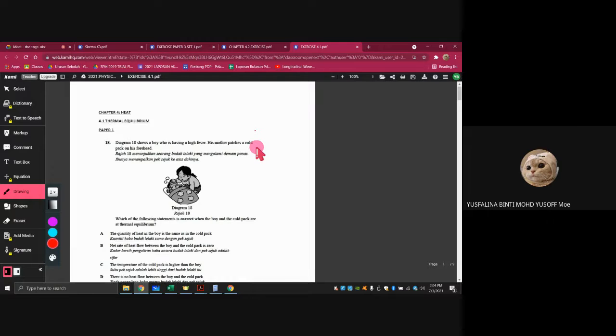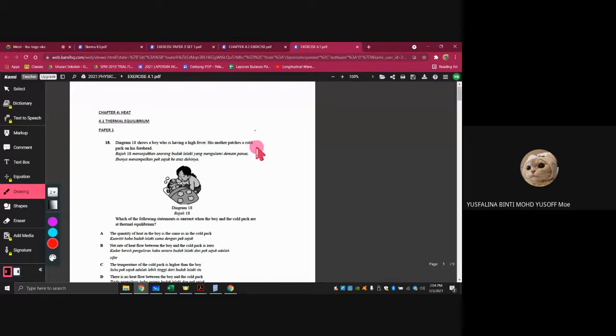Another part: what is the usage of thermal equilibrium? It is used in the thermometer. The thermometer uses the concept of thermal equilibrium. For example, if you put your thermometer under your tongue, the heat from your body will transfer to the thermometer, and inside the thermometer is mercury, so the mercury will expand.